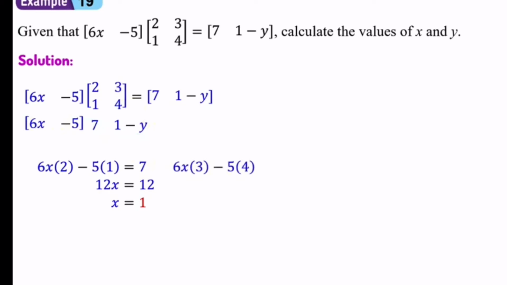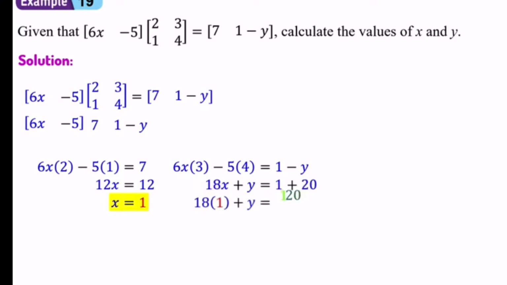So another one also you have to multiply carefully, which is 6x times 3 plus negative 5 times 4 is equal to 1 minus y. So we just compare and solve the value of y, then that is the answer.